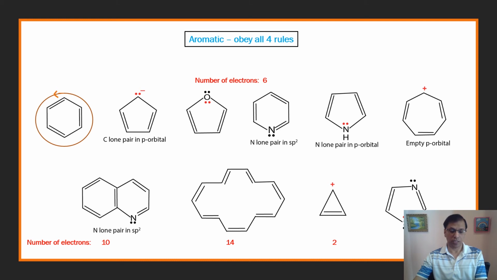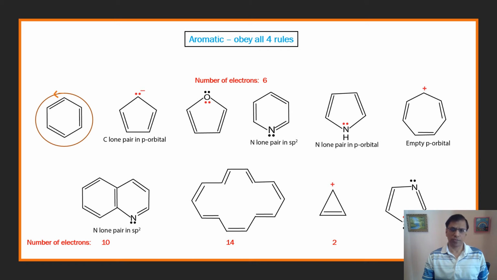And if you recall, a carbon atom which has a positive charge has an empty p orbital, and that empty p orbital is available for delocalization with the pi electrons of the double bond. Hence, it obeys all the 4 rules, and the cation is aromatic.